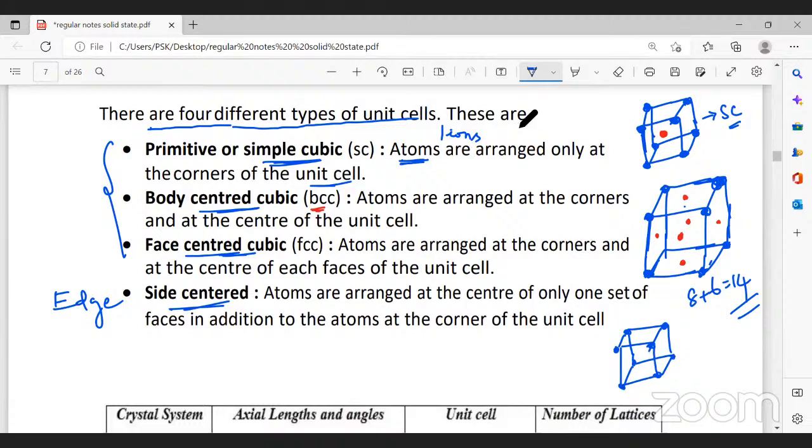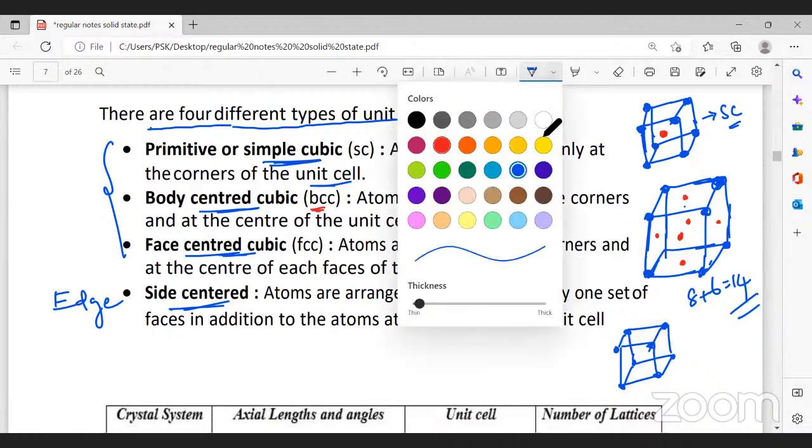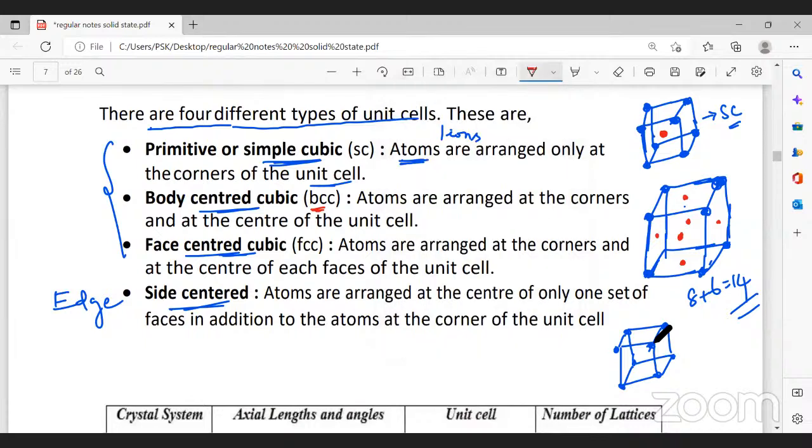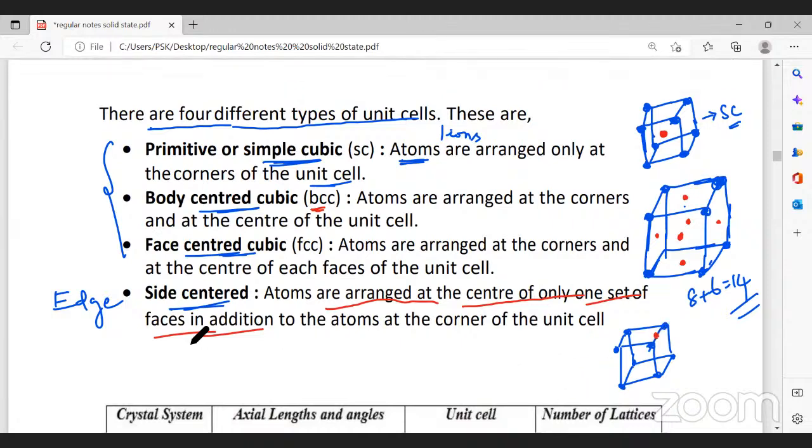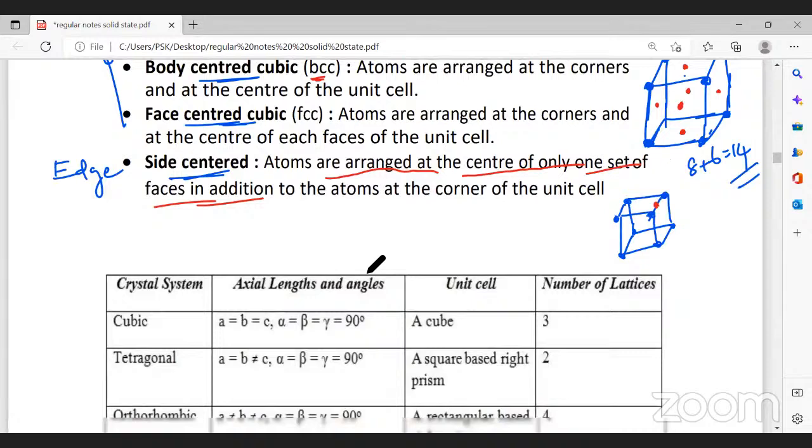And if particles are placed at the edge, maybe here like this, it clearly says atoms are arranged at the center of one set of faces. So if the atoms are placed here in the edges, then it is called an edge-centered or side-centered unit cell. We do not talk about the edge-centered unit cell in our syllabus.